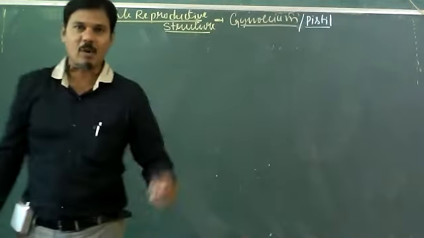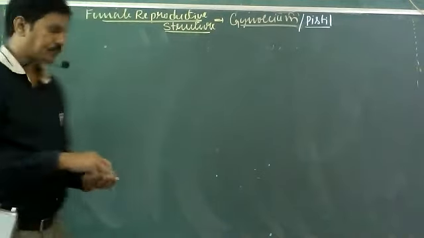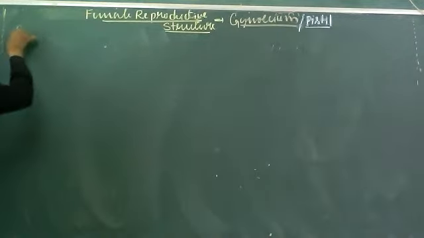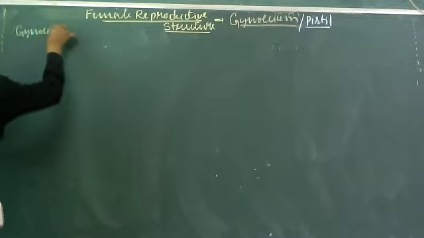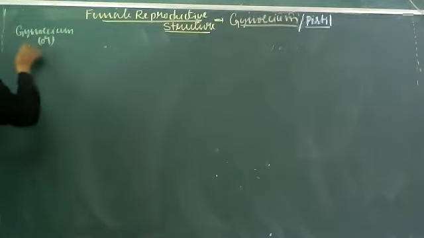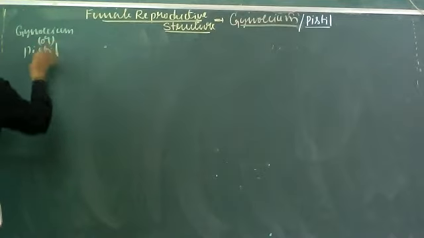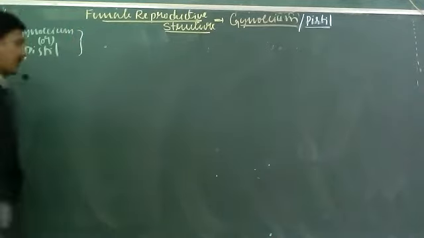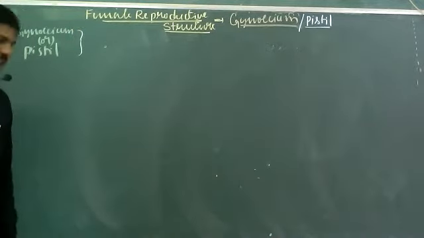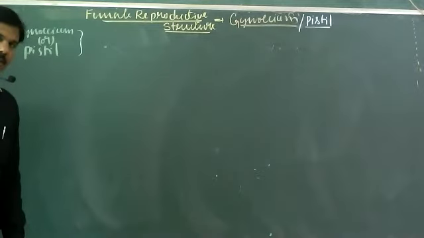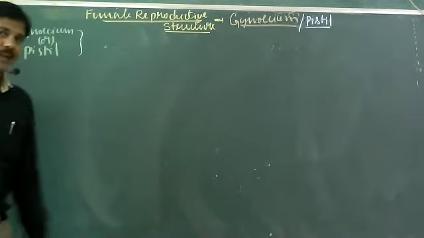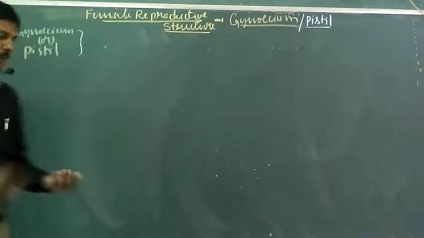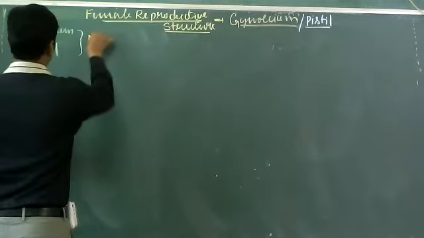Let us discuss about the female reproductive structure. So here the gynoecium or pistil. Stamen is called as microsporophyll, and gynoecium or pistil is called as megasporophyll.